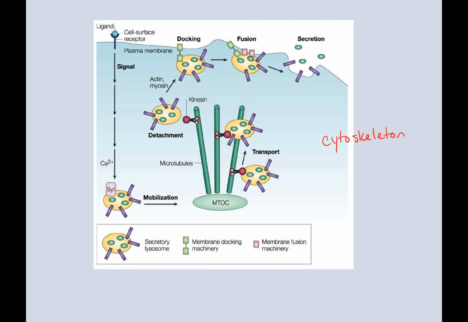So the green things are microtubules, which again we will talk about in the next chapter. And this guy kinesin is a motor protein. And so it's really cool. These motor proteins actually kind of walk along the microtubules, and they can carry vesicles from place to place. So this can happen between the ER and the Golgi to the plasma membrane.